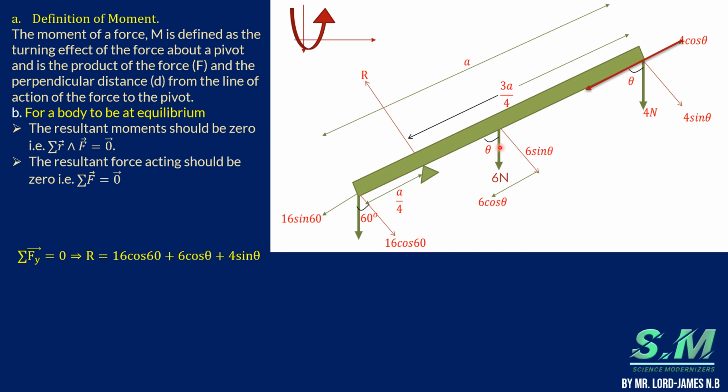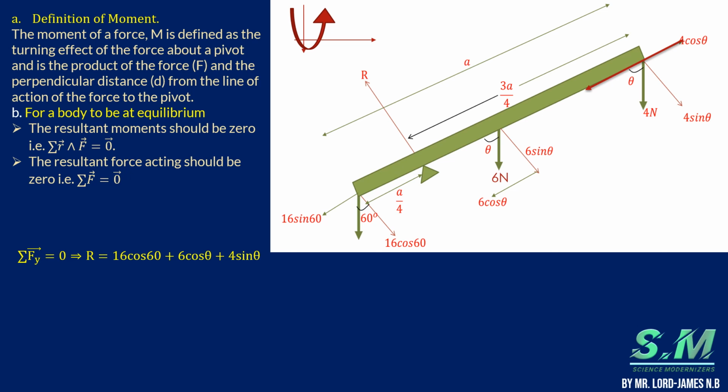Since this force is parallel to this force, which is parallel to this force, the sum of the forces along this inclined plane will simply be: we have R, which is above. R will be equal to 16 cos 60 plus... since R is an upward force, for the body to be at equilibrium, the sum of the upward forces will be equal to the sum of the downward forces.